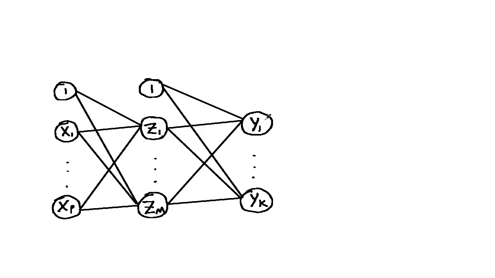So we have y1 through yK, and similarly we draw the lines connecting the hidden units to the y sub k.